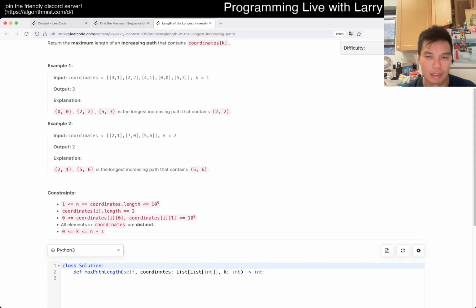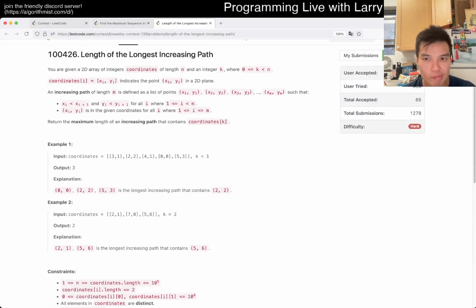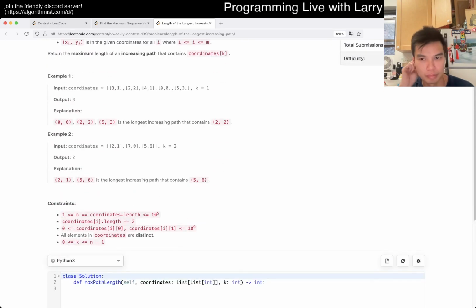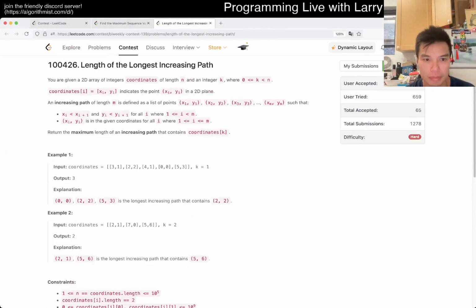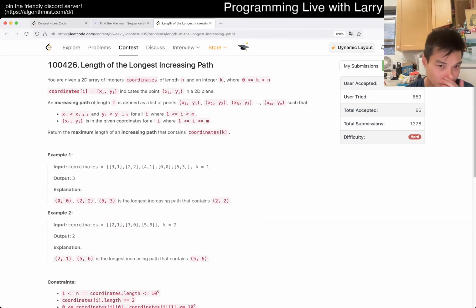I mean, just an n log n sorting thing, but I feel like I could do it, but I'm jumping back and forth.